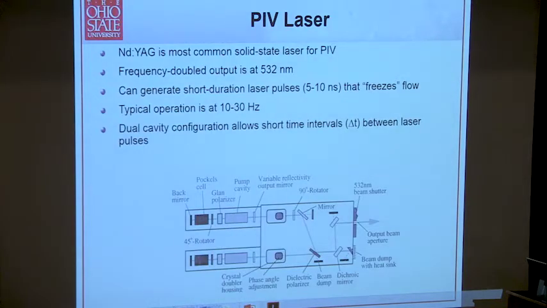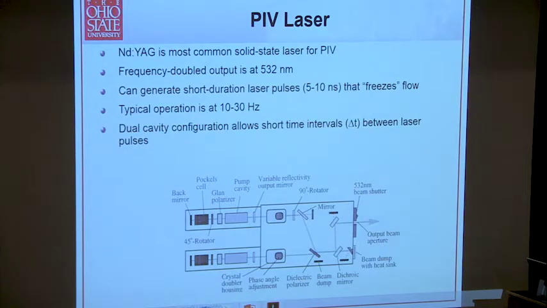Now, our dual cavity configuration is what's generally used. Again, I said that you can use 2 lasers. Well, when you buy a quote-unquote PIV laser, it's just a dual laser cavity system where you're generating 1 laser here and 1 laser here. They're typically combined, and then you have the 2 laser beams that are spatially coincident at the output.